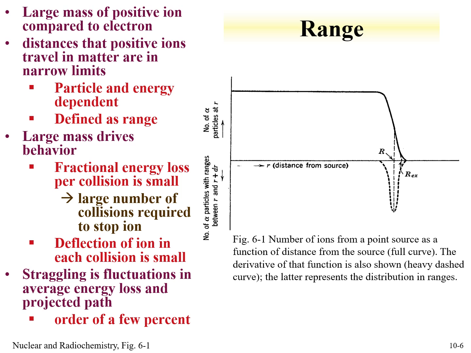So the relatively large mass of the ion drives this behavior. This is because the fractional energy losses are relatively small, so you need a large number of collisions to occur before the ion is finally stopped. And the deflection of the ion is relatively small. This is what's called straggling.